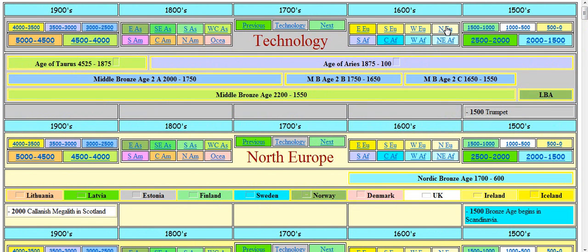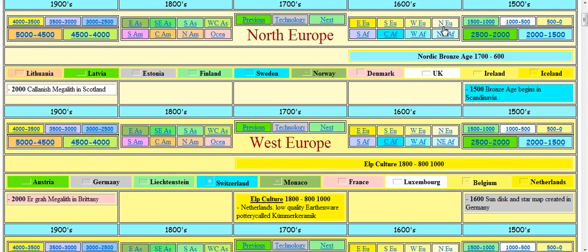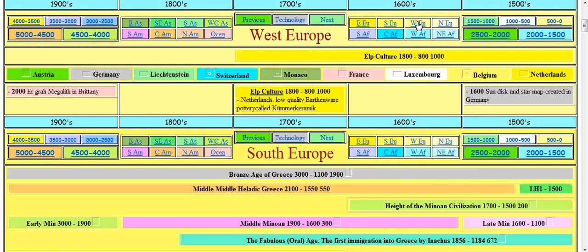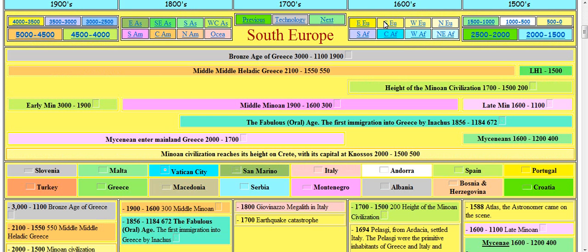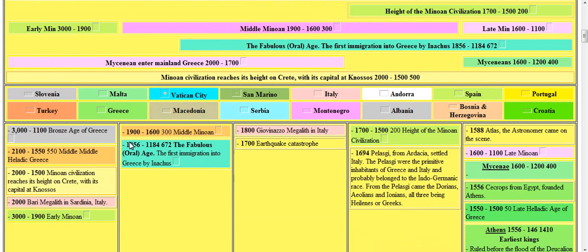Or if you want to trace different countries, North Europe, Nordic Bronze Age from 1700 to 600 BC. If you wanted to check out West Europe, Alp culture. South Europe had the Greek Bronze Age, Middle Helladic Age, height of the Minoan civilization from here.